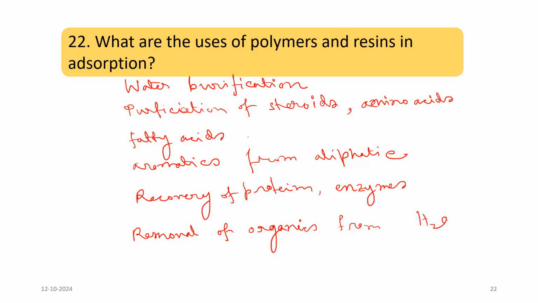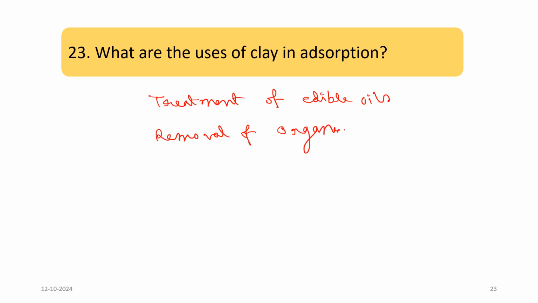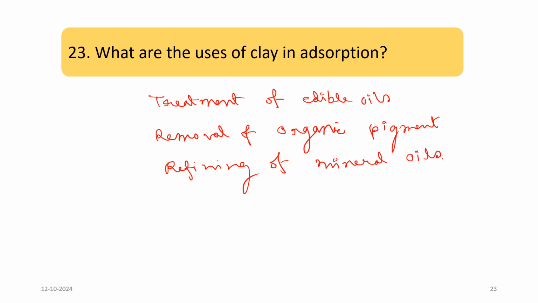Next, what are the uses of clay in adsorption? It is used in treatment of edible oils, removal of organic pigment, refining of mineral oil, then removal of PCBs, that is polychlorinated biphenyls.